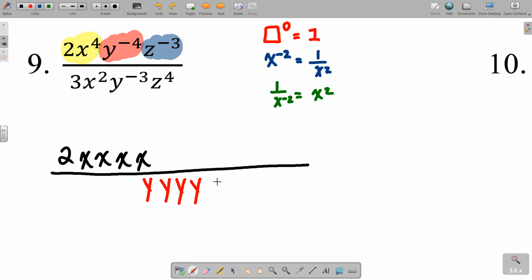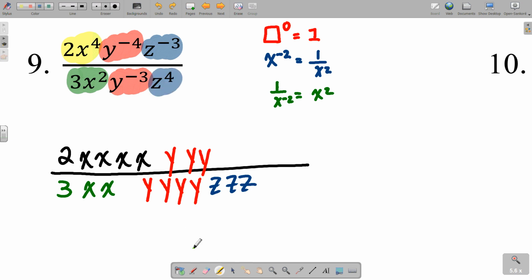E to the negative 3. That right there, y to the negative 3, that's in the denominator. That means I come up here. That goes down below.